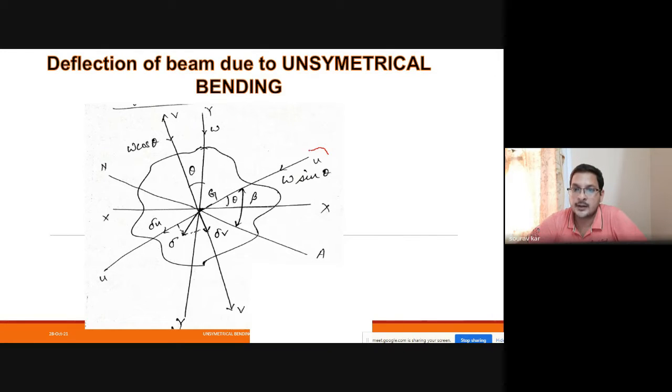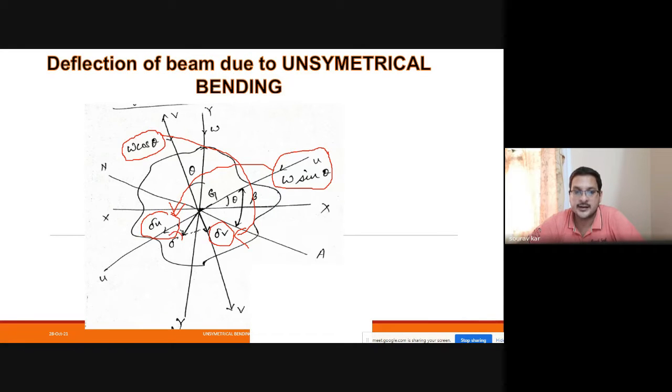The load component W sin theta is acting along the UU axis, which is causing a deflection delta U. Along the VV axis we have the load W cos theta, which is causing a deflection delta V, acting in the V direction.